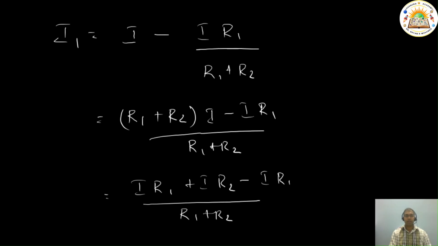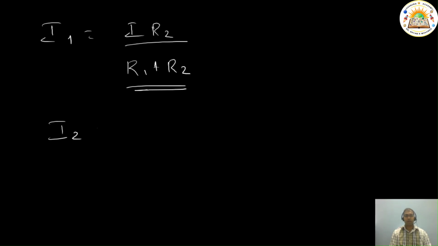So I can see that I R1 minus I R1 gets cancelled, and I will have I1 as nothing but I R2 by R1 plus R2. And I have got I2 as nothing but I R1 by R1 plus R2.